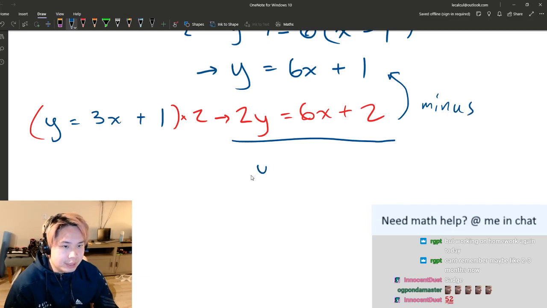Then I'll have positive y, and then 6x, so 2y minus y is y, 6x minus 6x is 0. They've been eliminated. That's the whole point of multiplying this whole equation by 2. And then 2 minus 1 is 1. So there you go.